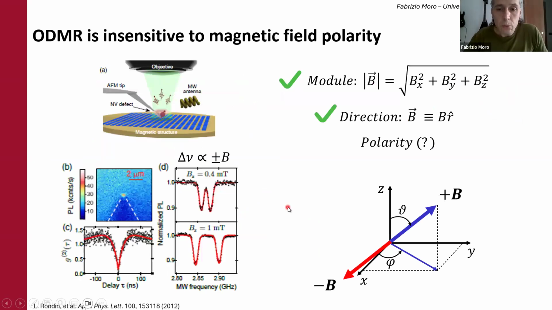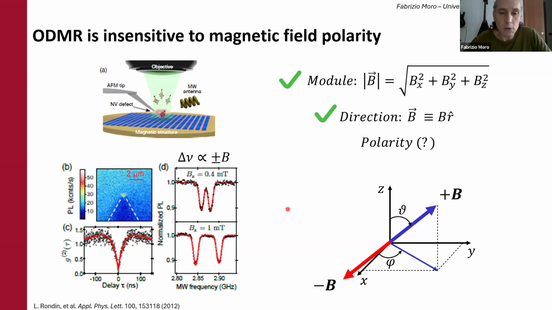However, these methods have been used with a sensing platform based on bulk diamond. However, when we want to detect the magnetic field vector by using the scanning tip platform, we come up against an issue: we can definitely still detect the modular direction of the magnetic field, but we cannot extract the magnetic field polarity.